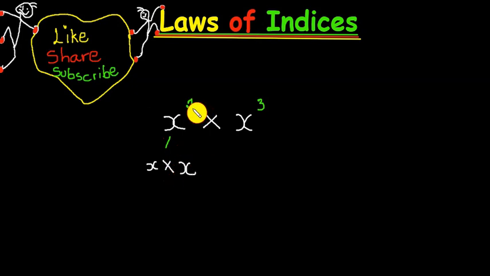The number 2 here tells you that you multiply the base by itself 2 times. Likewise, x to the 3rd power means x multiplied by itself 3 times. So we write x by x by x. So we have 1, 2, 3, 4, 5 x's. So this here we write as x to the 5th power. What does this mean? It means that x is multiplied by itself 5 times.